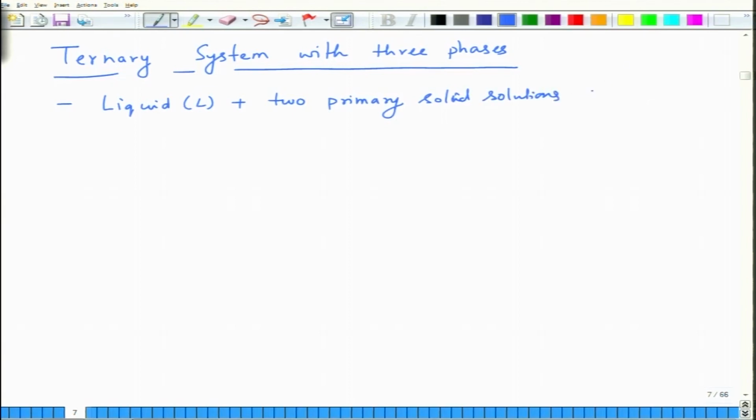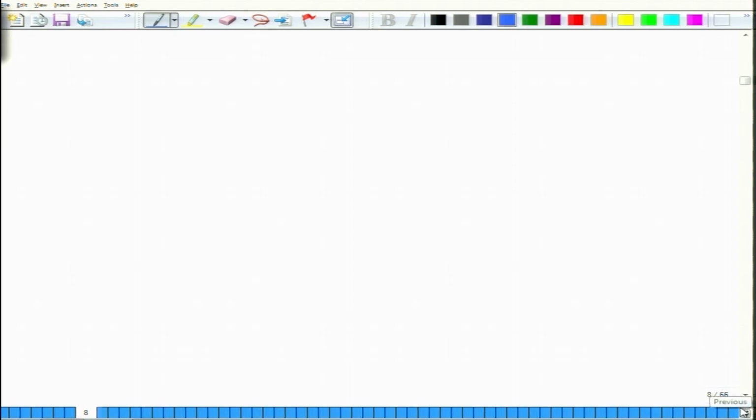So, this could be alpha plus beta, and you have a eutectic reaction, liquid giving rise to alpha plus beta. You can have peritectic also, but we are going to discuss the eutectic in this case for the sake of simplicity. So, the phase diagram looks something like this.